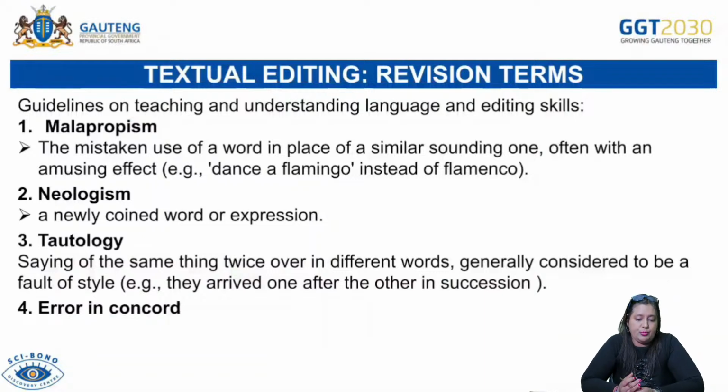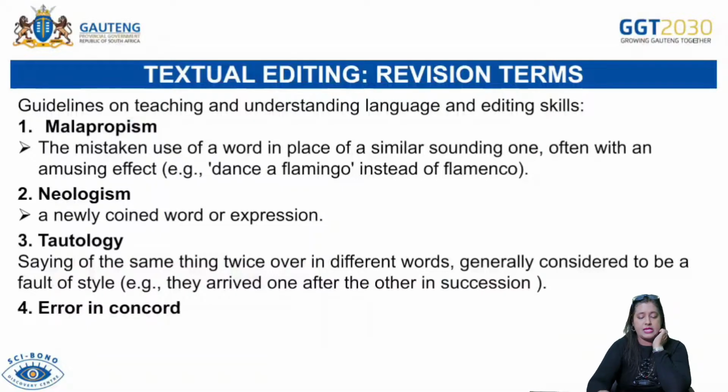We did cover that in the previous lessons. If you are not able to go back, then go to your teacher and ask him or her to explain it to you. All right, how you can get the basic marks if you need to master those marks. Okay. Guidelines on teaching and understanding language and editing skills.